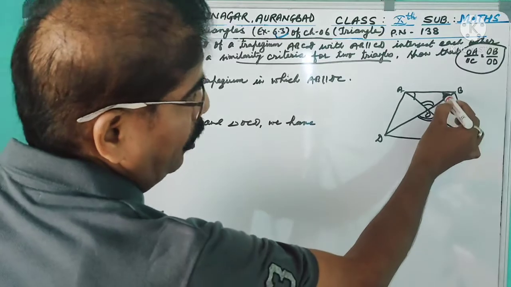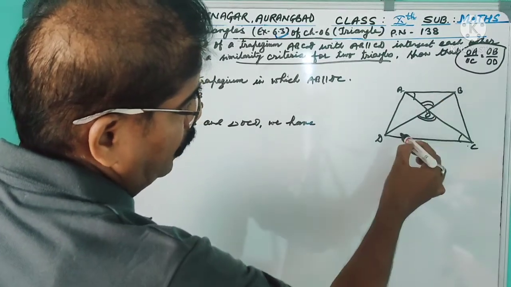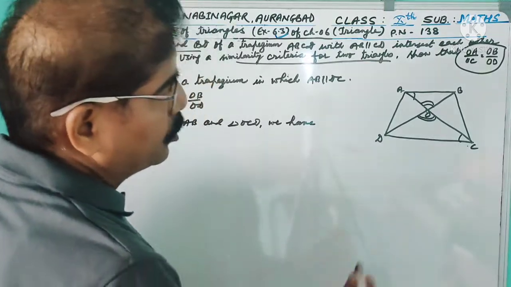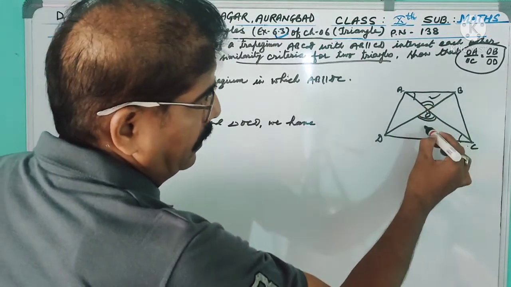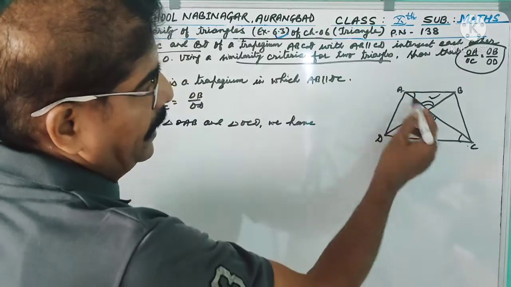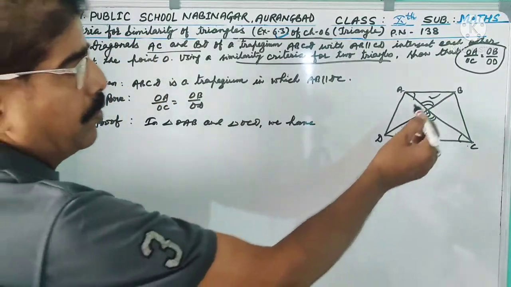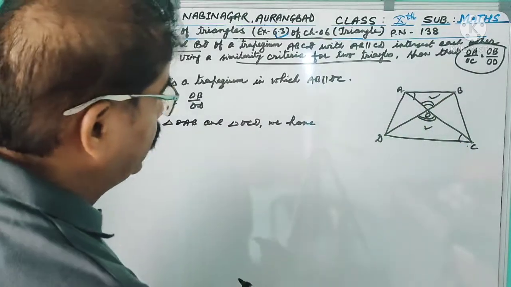Also this angle B equals the alternate interior angle. So both triangles are similar. Therefore, triangle OAB similar to triangle OCD.